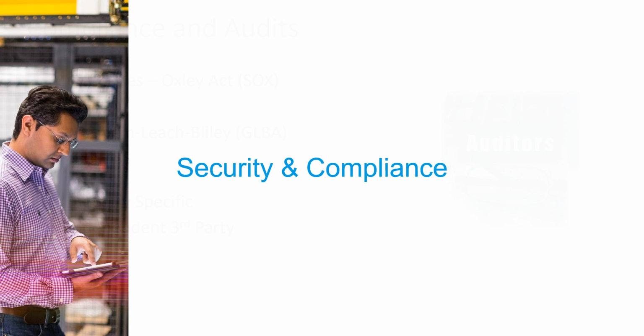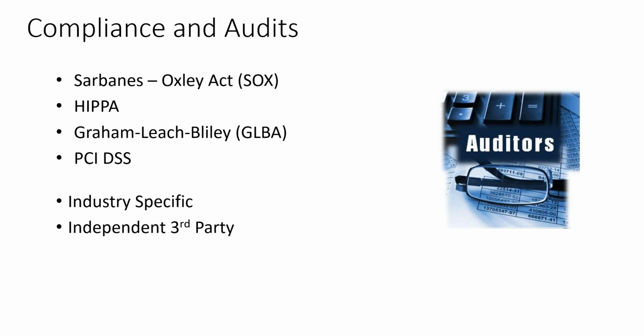Now, what we're going to talk about here are some of the audits that frequently come up. I'm not going to spend a lot of time on them, because it's all about the accounting, it's all about the numbers. But one of the common compliance audits is the Sarbanes-Oxley Act. This one is for all publicly traded companies.